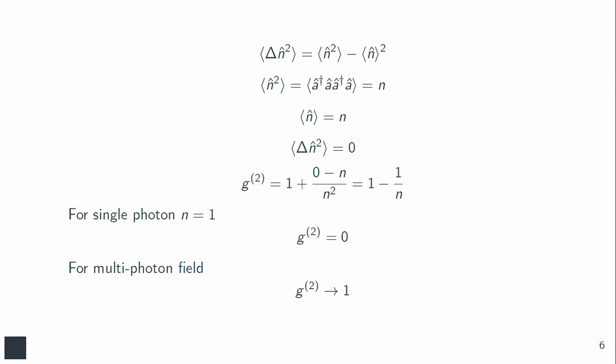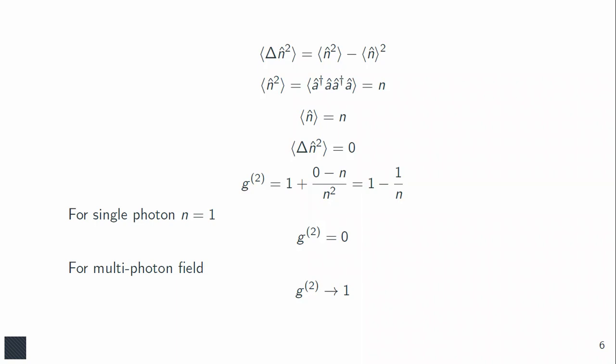These values are quite important in physical situations, and they are of great interest for experimental results. If we have some given electromagnetic field, and the experimental results show that the correlation function has a value equal to 0, then you could infer that there is only a single photon present in the given electromagnetic field.